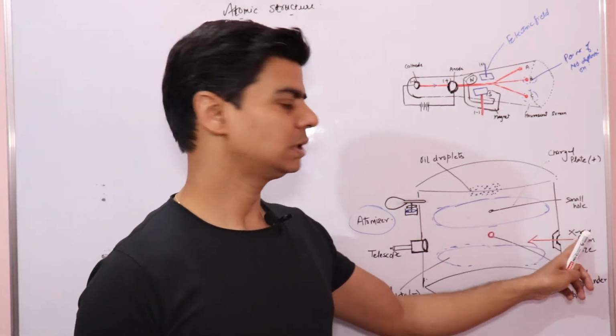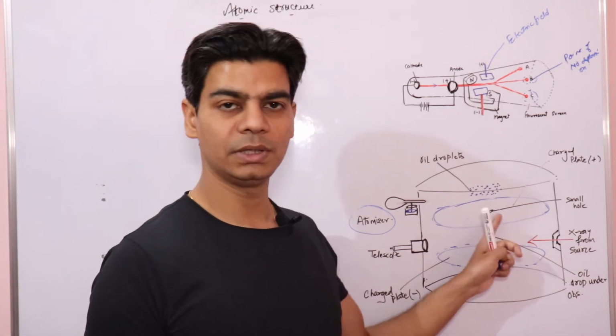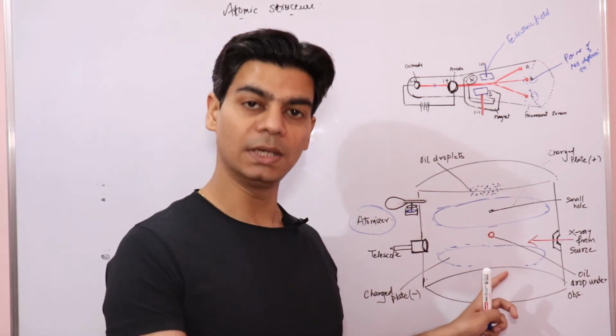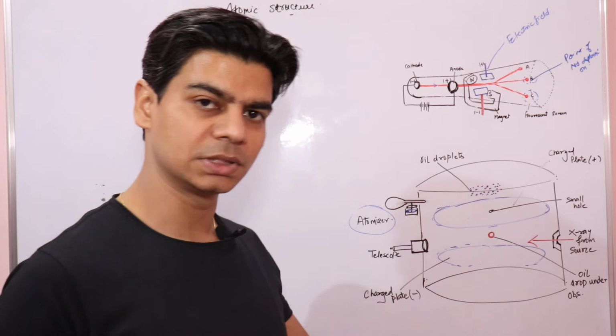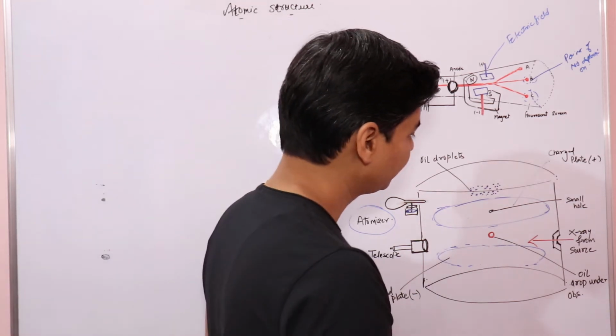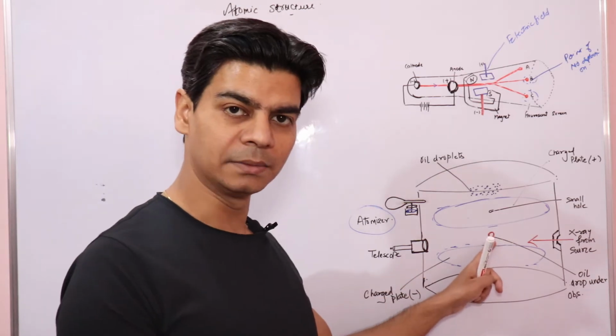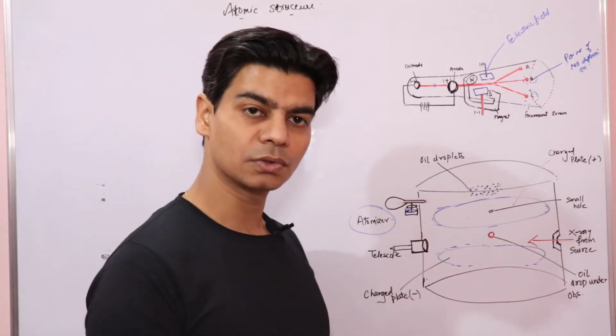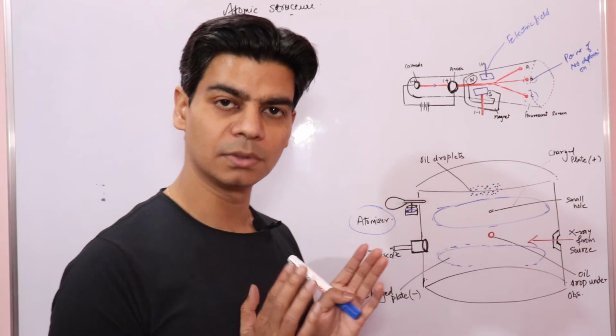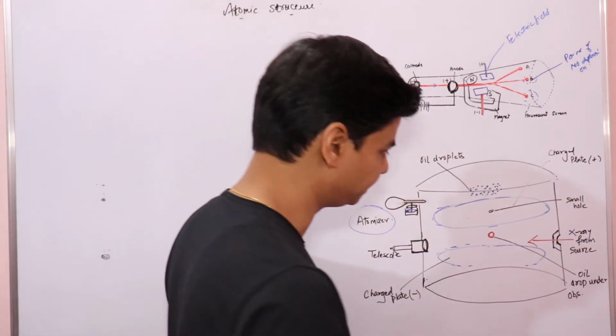When these X-rays ionize the air between these plates, it will produce electrons and positively charged particles. Because when X-rays strike the atoms, they knock out electrons from the atoms, and the positively charged particles remain.